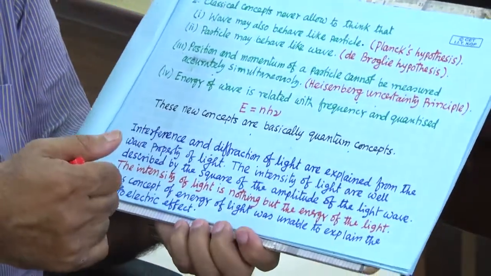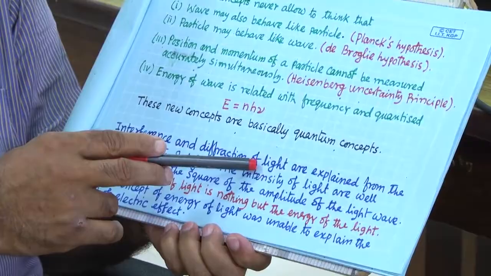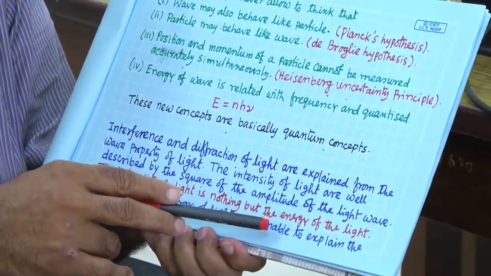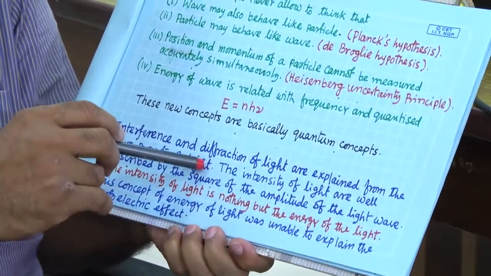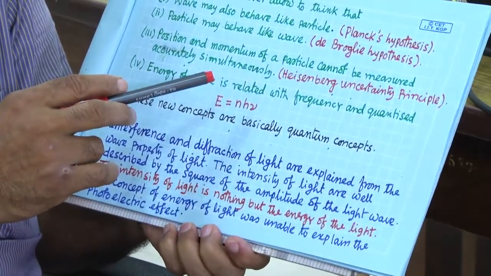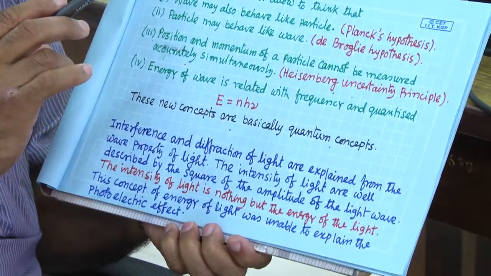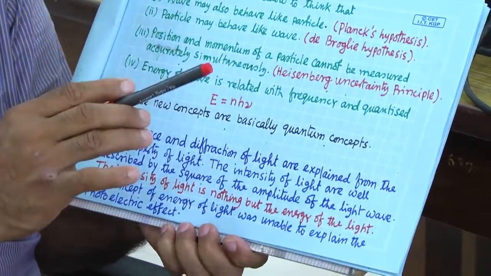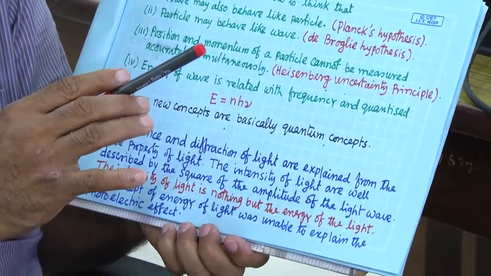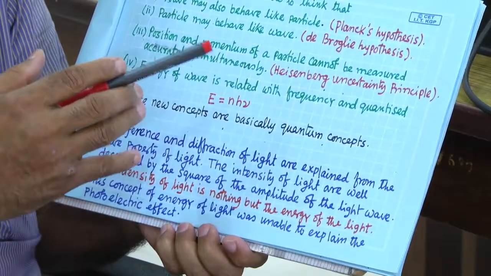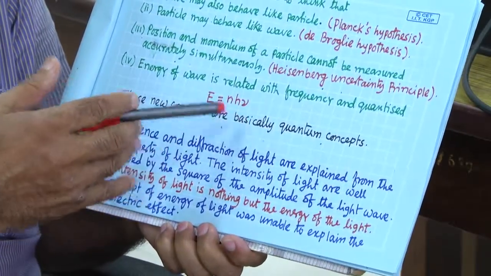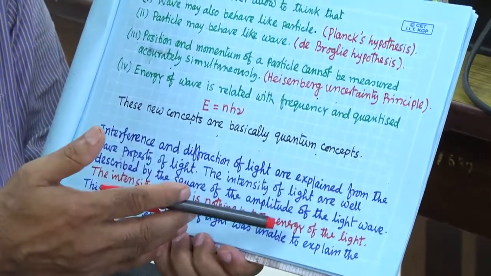In the case of interference and diffraction of light, we have seen that those phenomena are explained from the wave property of light, right, and there the intensity distribution of the interference fringes and diffraction fringes was explained by taking the intensity as the square of the amplitude of the wave.